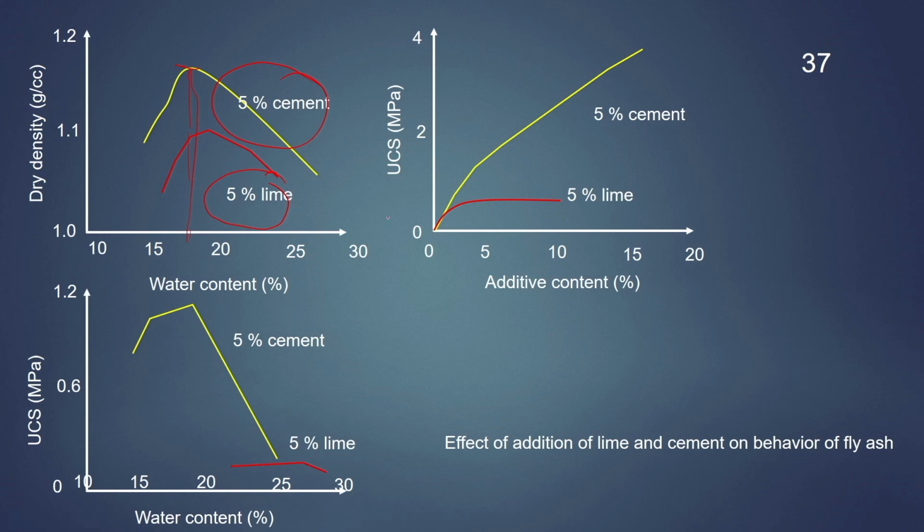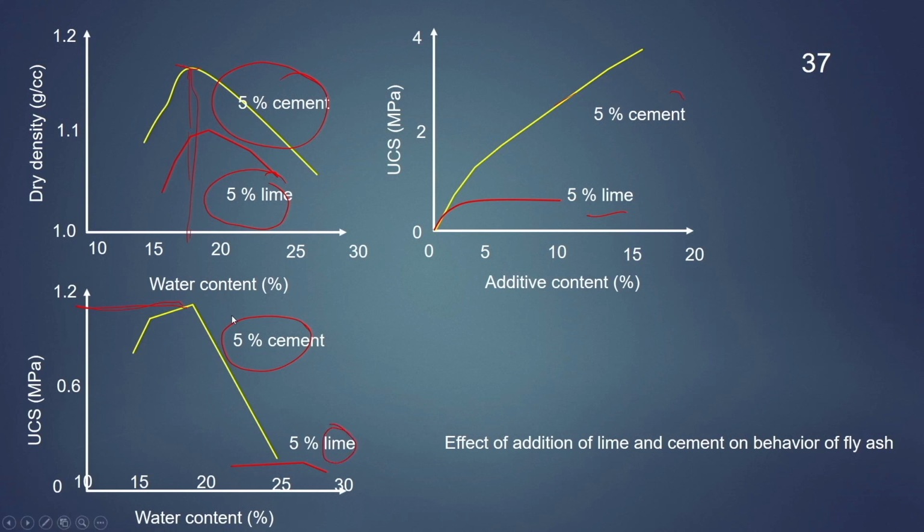Similarly, if we compare the UCS value with the fly ash content, we can see that generally we get a higher value of strength when we add cement to the fly ash in comparison to lime. Similarly, when we compare the water content with the UCS value, we can see that by adding cement to the fly ash, we can achieve a higher value of UCS at any water content in comparison to lime.